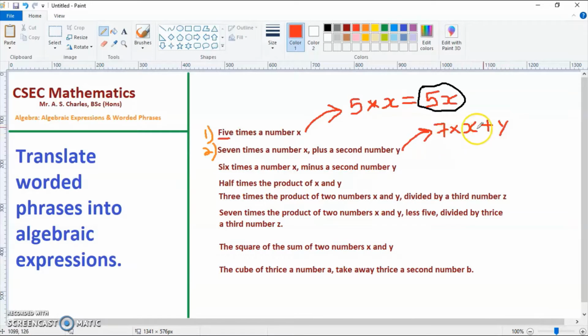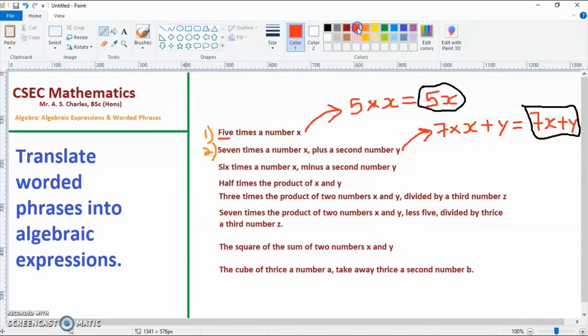Then as usual we have to simplify, so 7 times x is the same as 7x, plus y. We cannot simplify this any further, so this is our answer. 7 times a number x plus a second number y in algebraic form is 7x plus y.